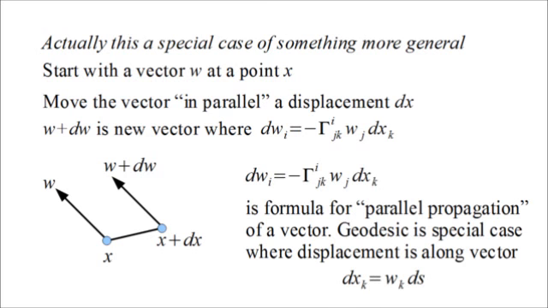It says dw^i is minus gamma^i_jk w^j dx^k. But now the vector w is not necessarily the tangent vector, the vector in the direction you're moving. It's an arbitrary vector. And so the geodesic equation is actually a special case of the equation for parallel propagation of a vector. So to follow a geodesic just means you keep parallel propagating, or moving in parallel, your direction vector, your heading, and that kind of makes intuitive sense.